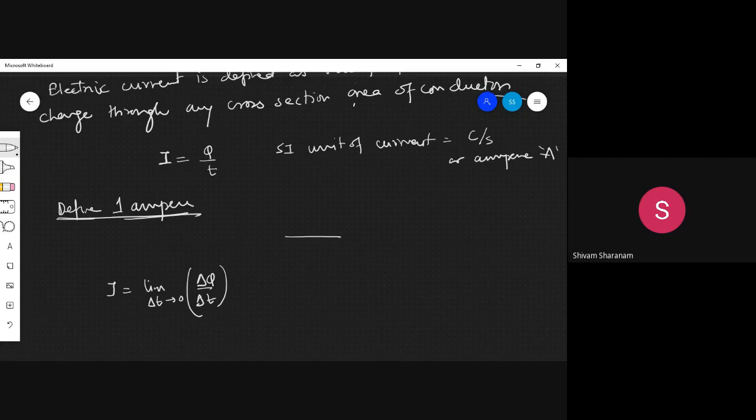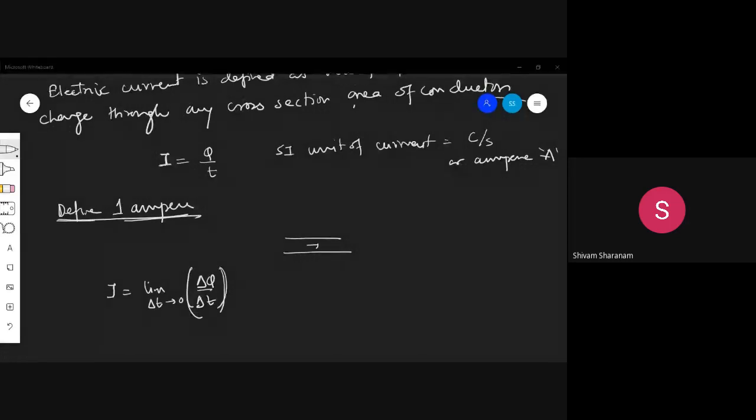In whichever direction the current is flowing, we write this, with the limit delta t tends to 0. This is the derivative of charge with respect to time. Is it the first derivative or second derivative? First derivative, you know.